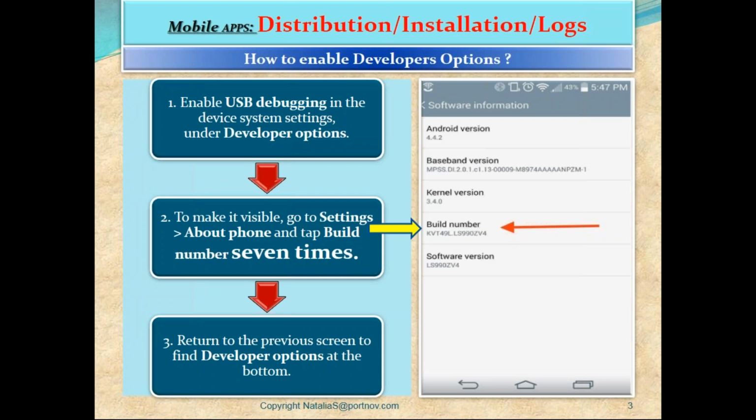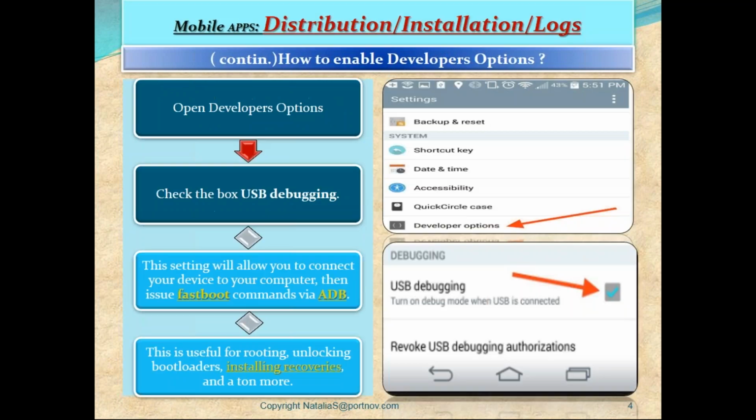So if you go back one screen, you will see a USB debugging box. Can you see that? I want you to enable it. Please enable USB debugging box to get our device ready to be connected to your computer.